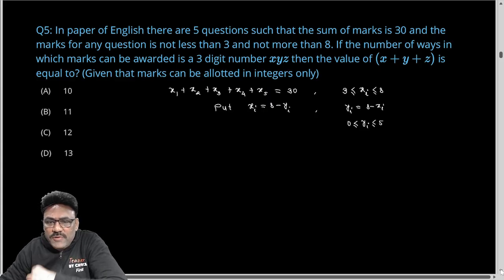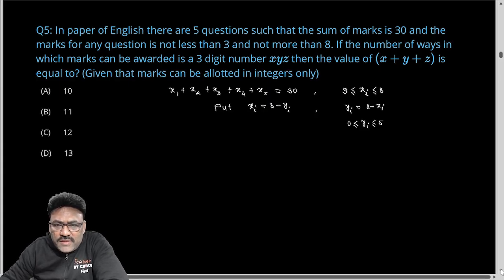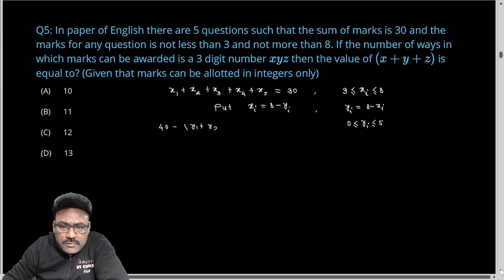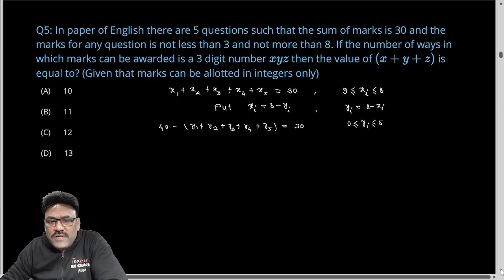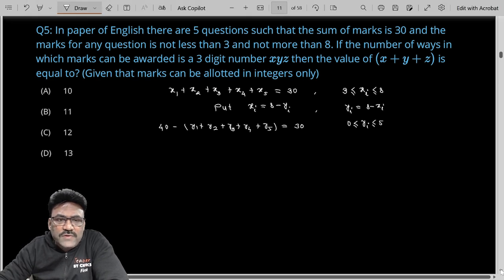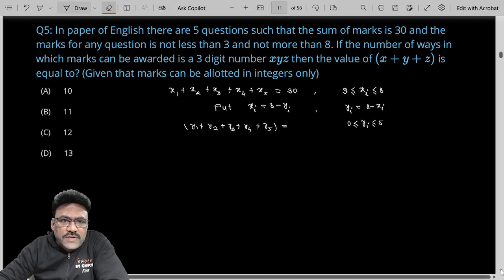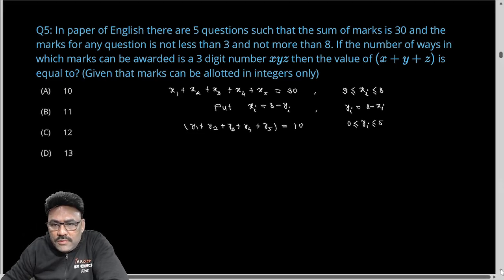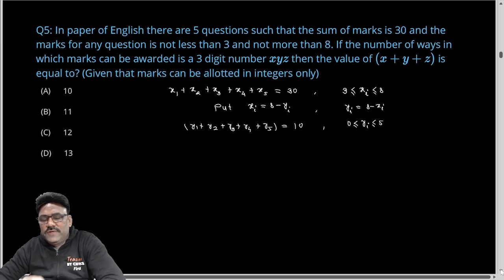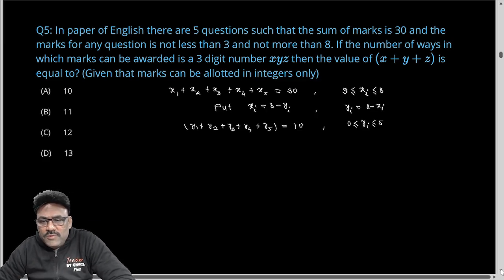When xi is 3, y will be 5. Now if I substitute xi equal to 8 minus yi, I will get 40 minus (y1 plus y2 plus y3 plus y4 plus y5) equal to 30. From here, y1 plus y2 plus y3 plus y4 plus y5 is equal to 10, and yi varies between 0 and 5.